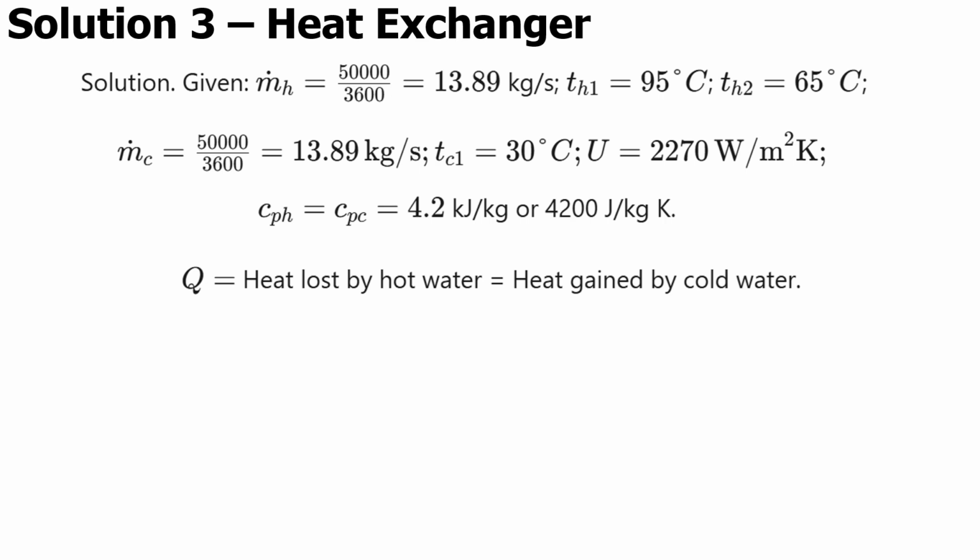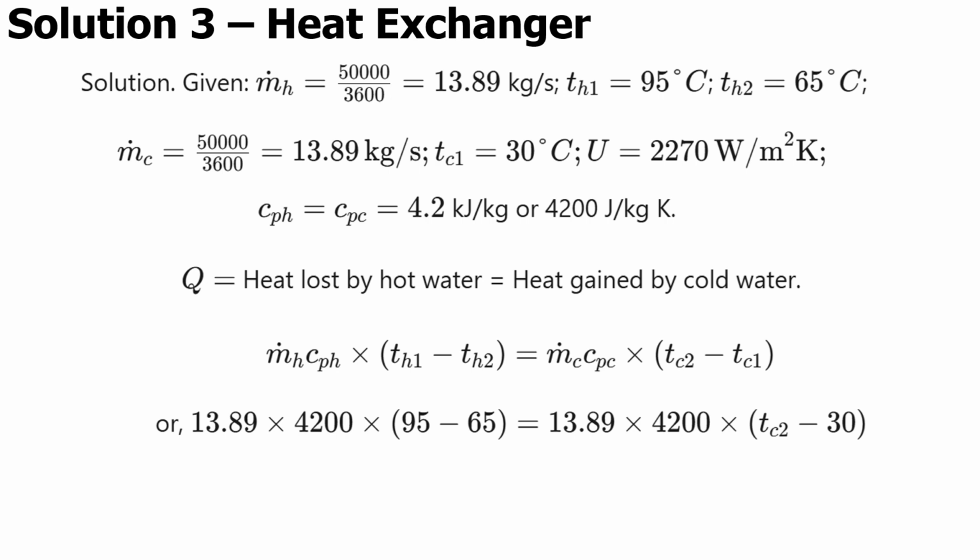So the mass flow rate of the hot water times the specific heat capacity multiplied by the temperature difference for the hot side is equal to the mass flow rate of the cold water multiplied by the specific heat capacity and the temperature difference for the cold water. So when we plug in the values and calculate, we find that the outlet temperature for the cold water, Tc2, is equal to 60 degrees.